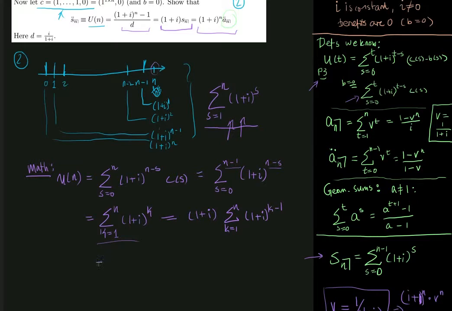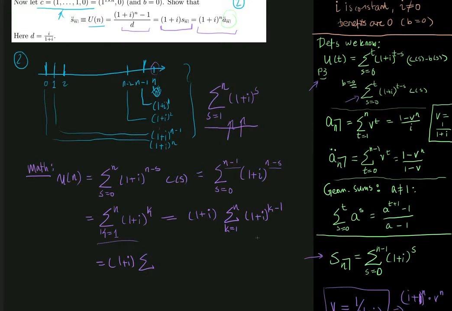Okay, but now what I notice is this. Inside the sum, the exponents are actually just 1 plus i to the 1 minus 1. So it's 1 plus i to the 0th. And then for k equals 2, it's 1 plus i to the 1st.